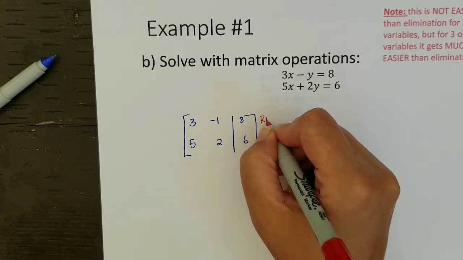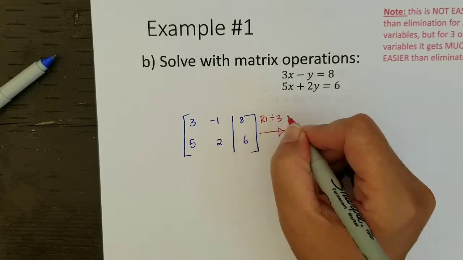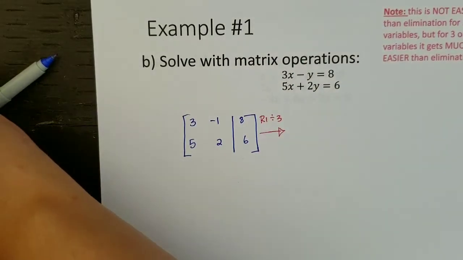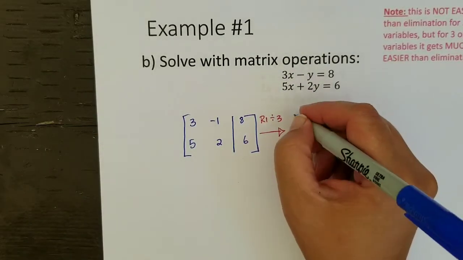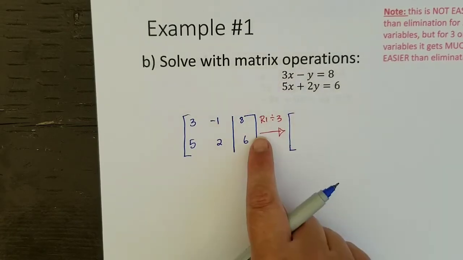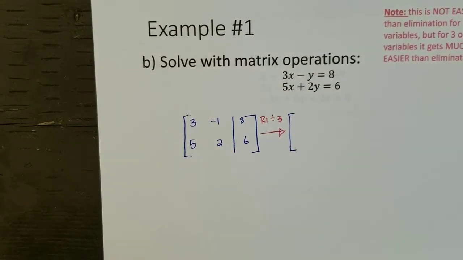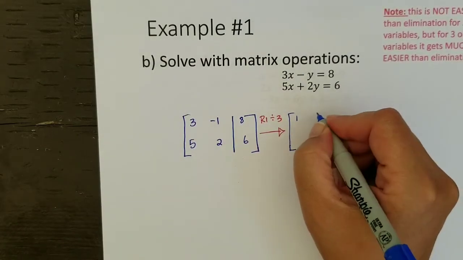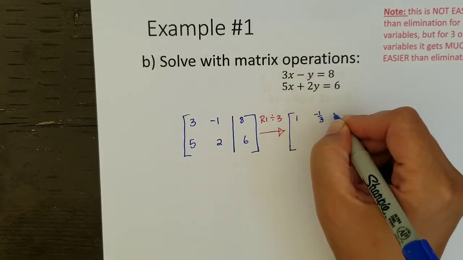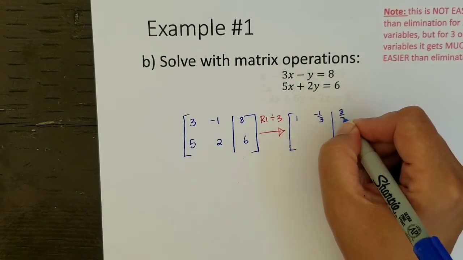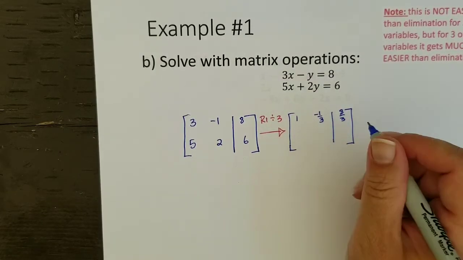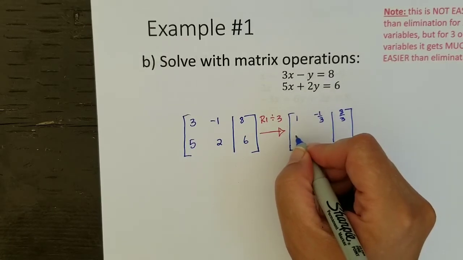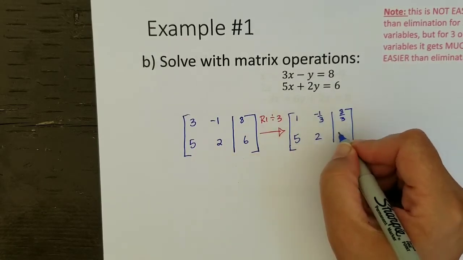So I'm going to write what I'm doing: Row 1 divided by 3. This is how we show matrix operations. You use an arrow and then you write above or below the arrow what you did. So I would have this as 1, negative 1/3, and then 8 over 3, and still 5, 2, 6.